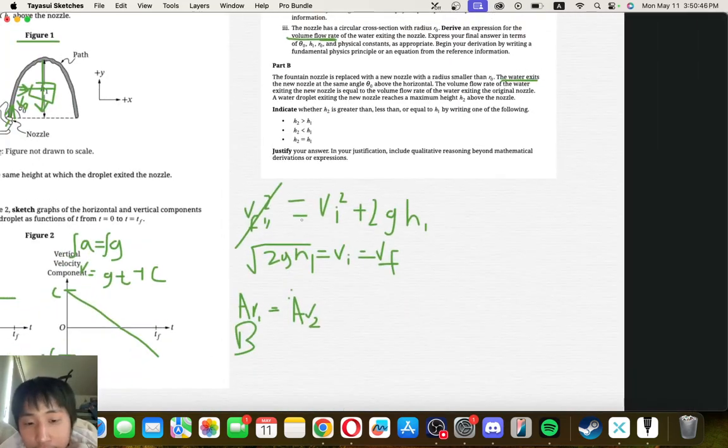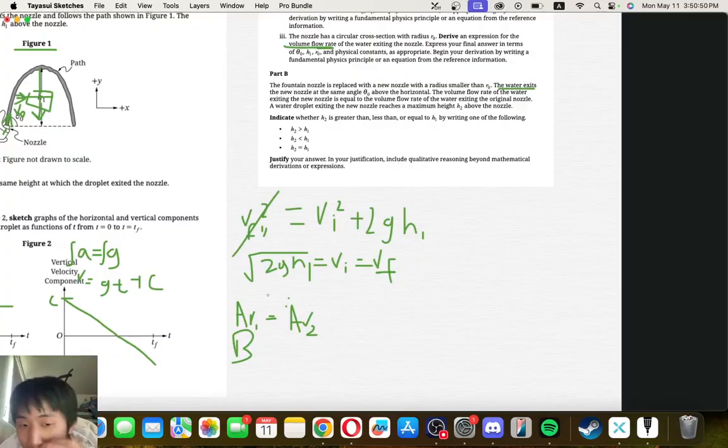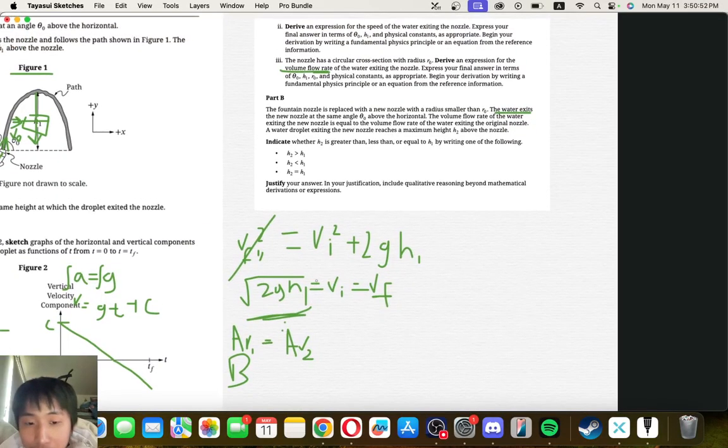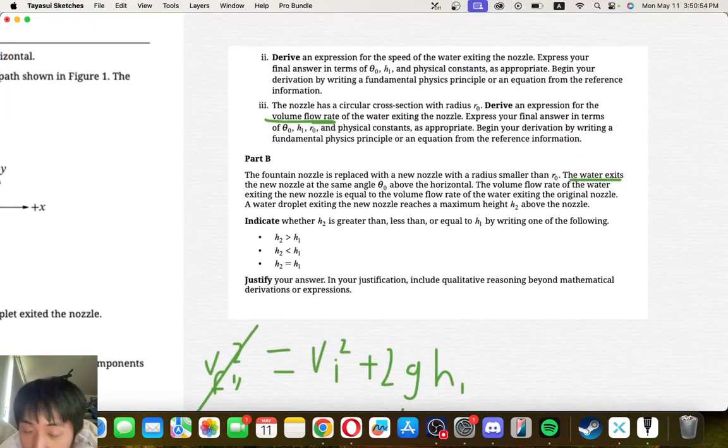Assuming what I just thought, that VF, it's still gonna be the volumetric flow rate is probably this, but really isn't. Given that, gonna have to assume H1 equals H2. So we're gonna circle this one.